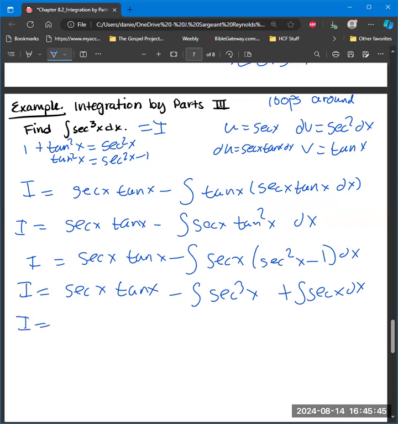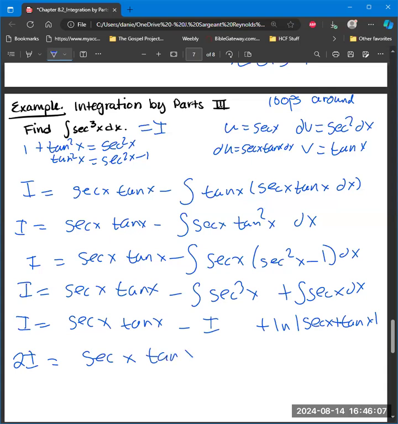So I equals secant x tan x minus I plus, and we know that this one is ln of the absolute value of secant x plus tangent x. So 2I is equal to secant x tangent x plus ln of the absolute value of secant x plus tangent x.